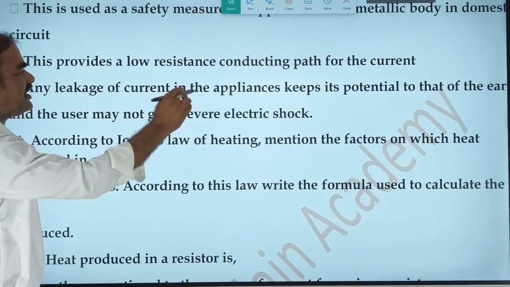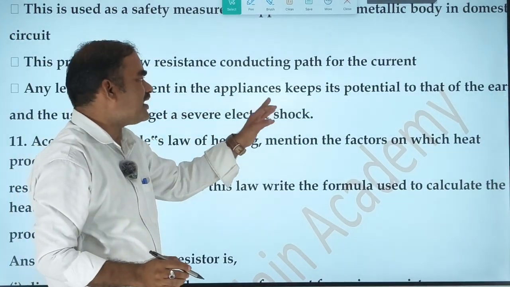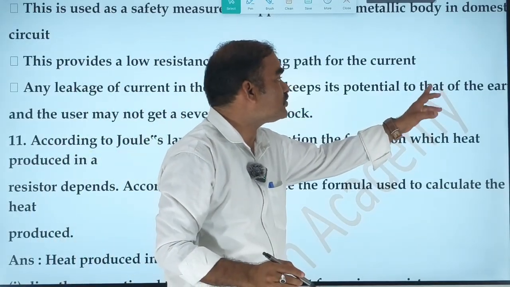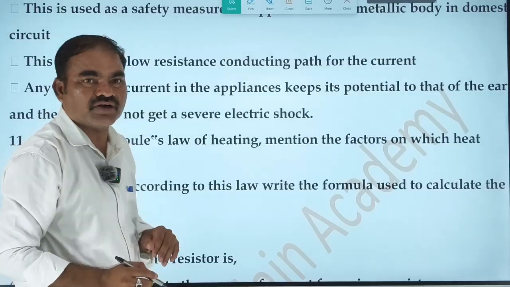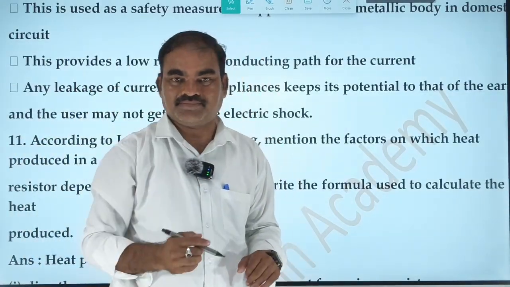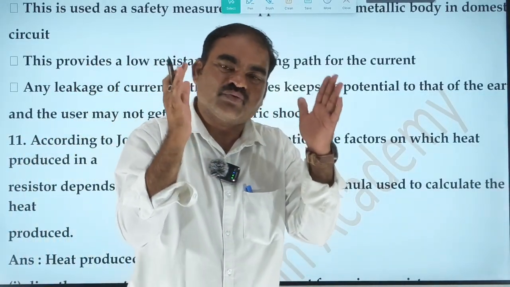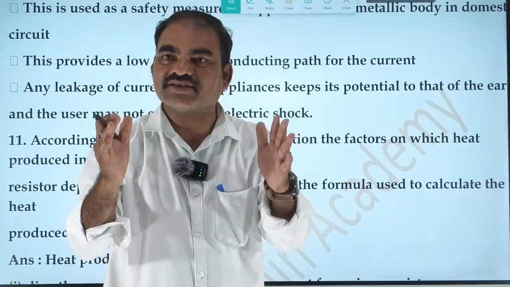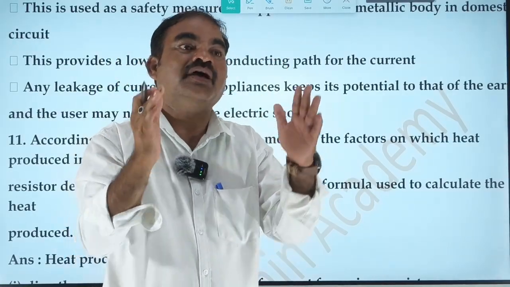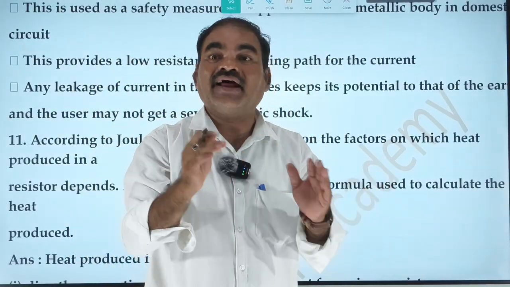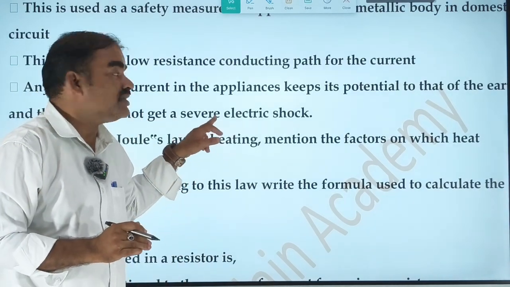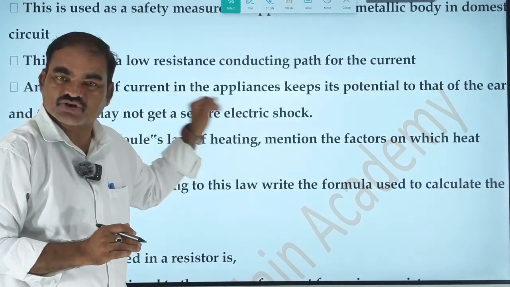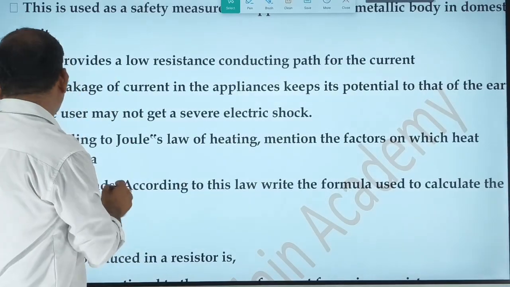Any leakage of current in the appliance keeps its potential the same as earth, and the user may not get a severe shock. Whatever the material or appliance is, it will be safe, and if anybody touches it, they won't get a severe electric shock.